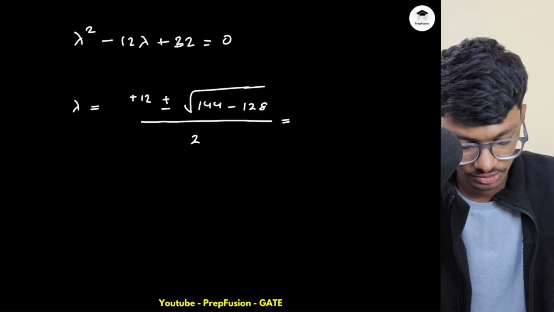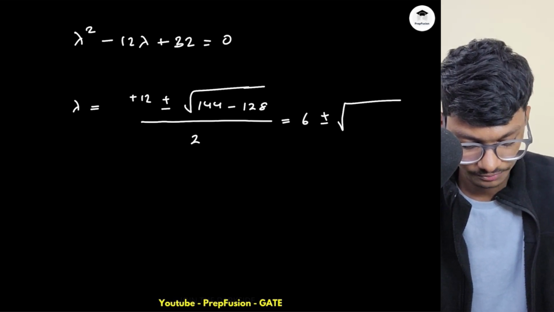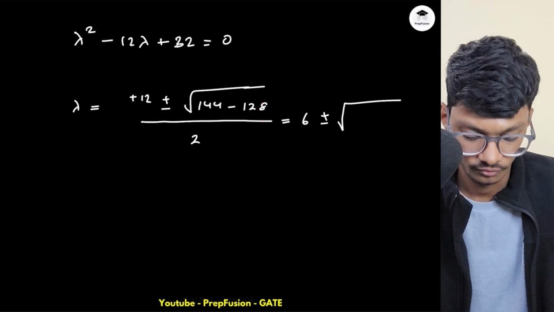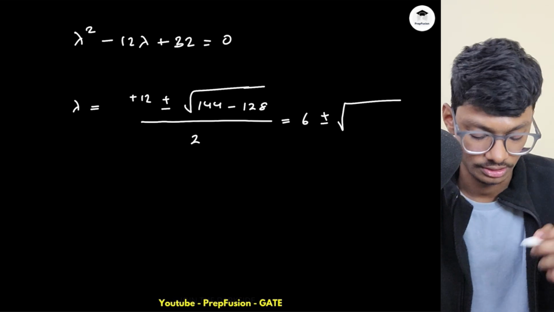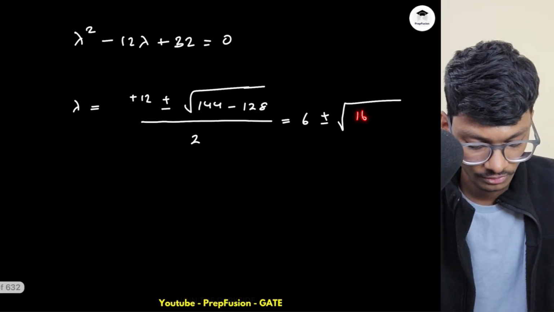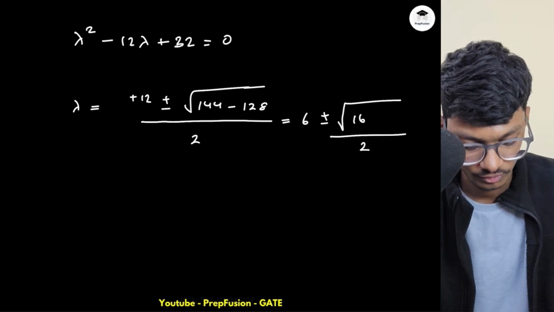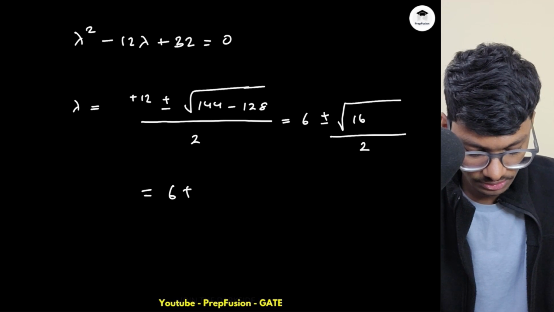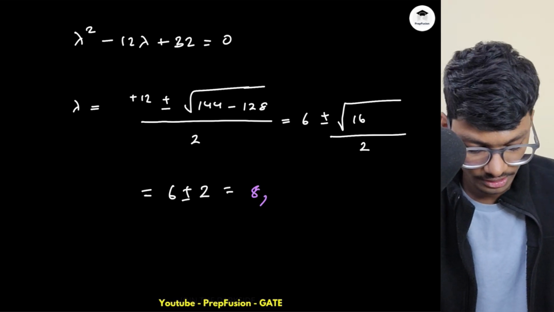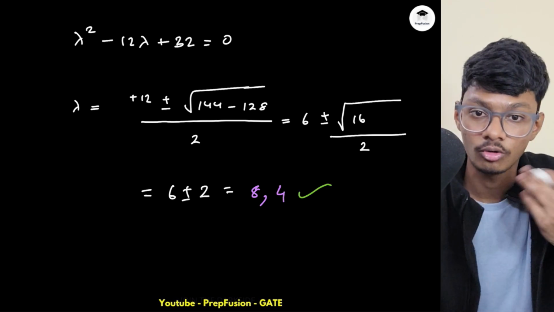So this will be 6 plus minus square root of 16, and we have divided by 2. So this is 6 plus minus 4 divided by 2, which is plus minus 2. So this is simply equal to 8 and 4, right? So from here also you can easily find out if you are not able to guess correctly.